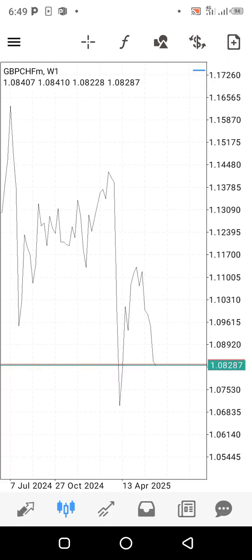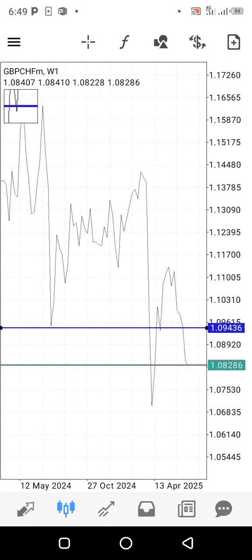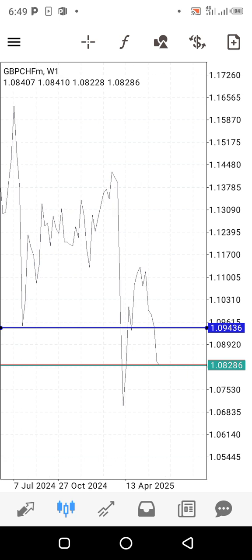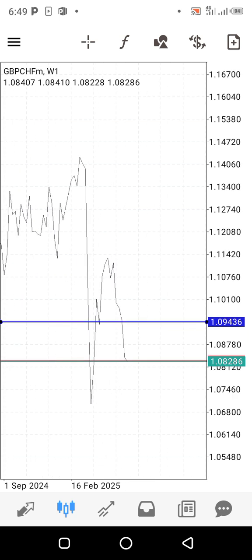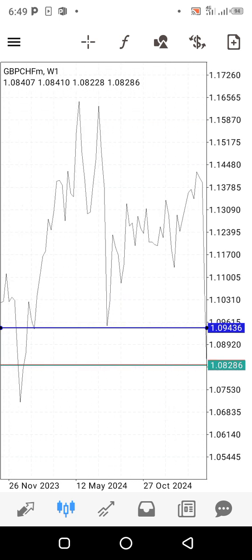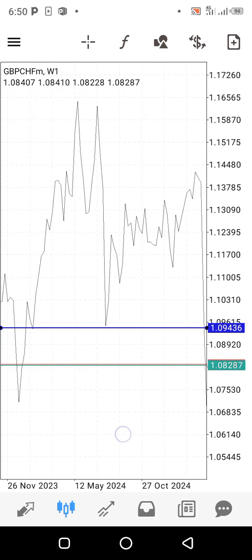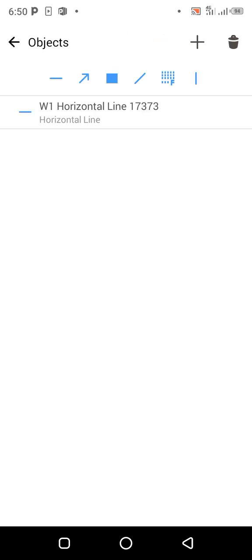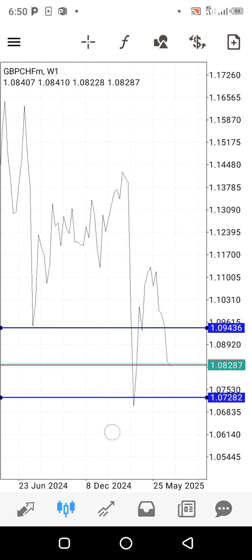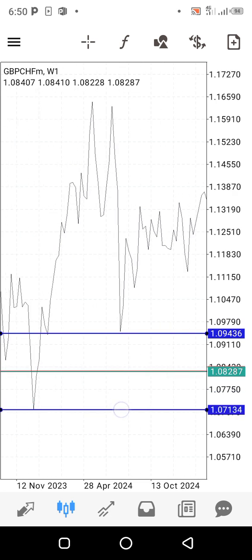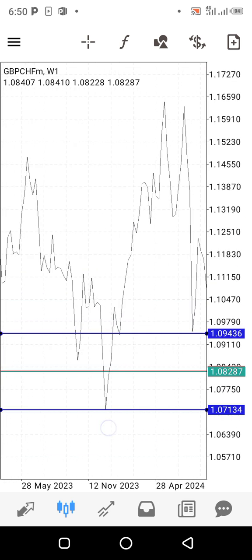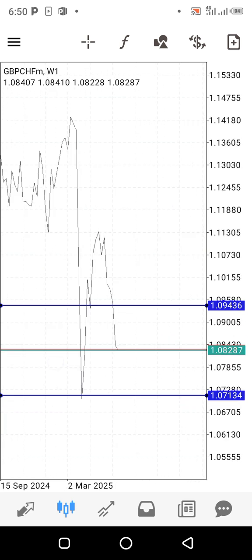I have this area around here. I see that price actually just rejected and continued higher from that area. So you also have another area around here. These are areas where, if price drops, it could make some rejections.